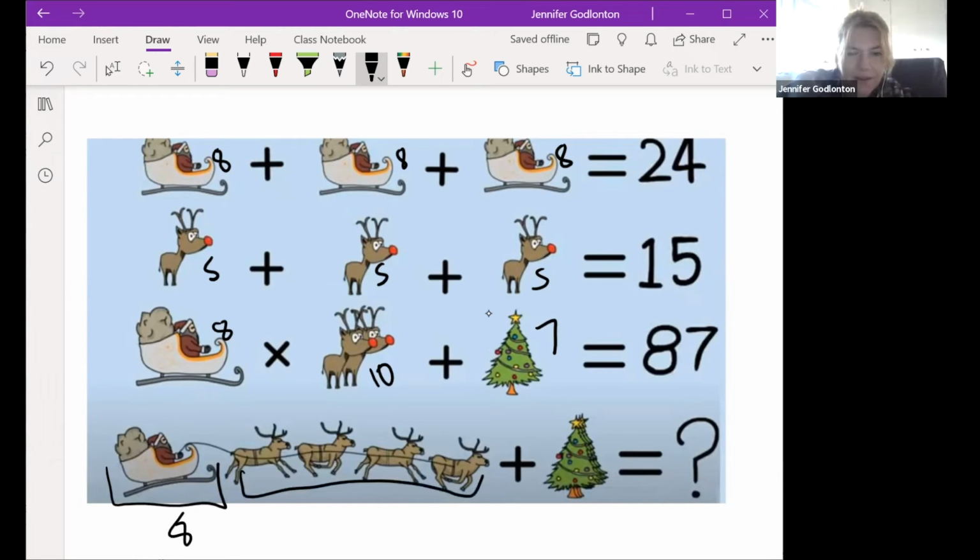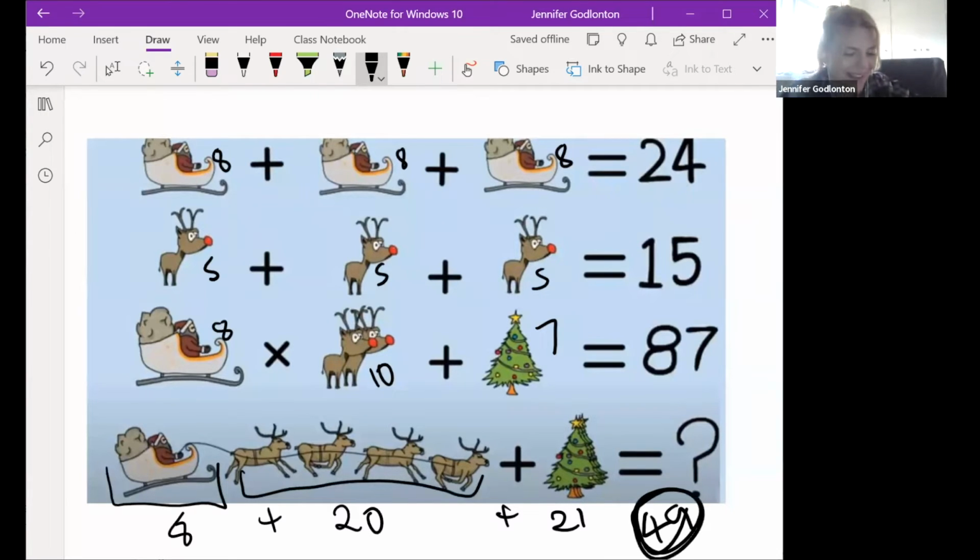So ma'am, are they still the same thing, the deers? Yeah, I know they look different, but they're the same. So that's 40. I mean, would that be 40? 20. 20, okay, yeah. And then 7 plus, 21. Good. 49. Yes, okay. You get a point.